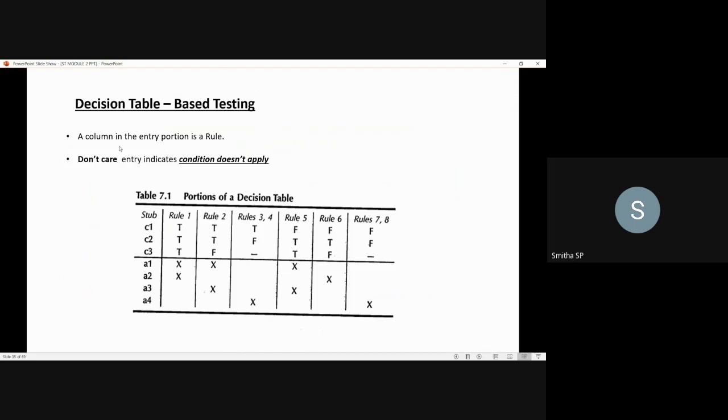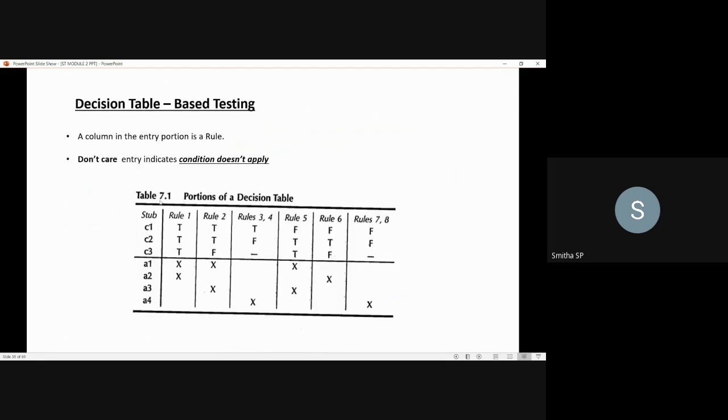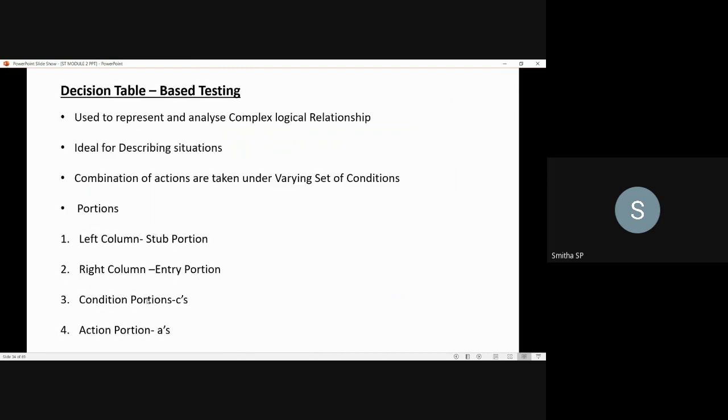A column in the entry portion is called a rule. We know that the left column is called the stub portion, and the right side columns are called the entry portion. The entry you make in the entry portion is what we call a rule. The other two portions are the condition portion and the action portion.